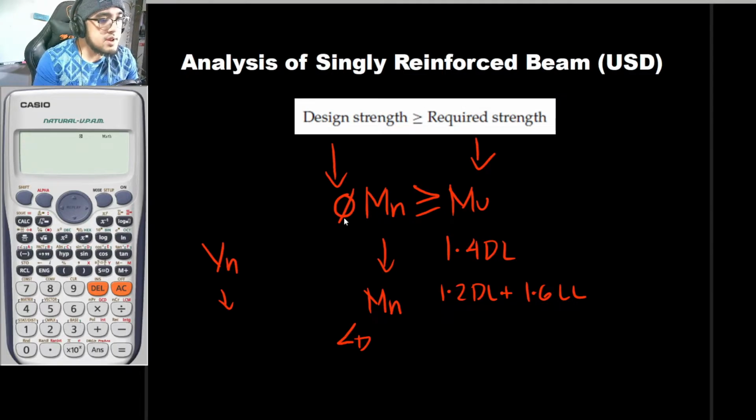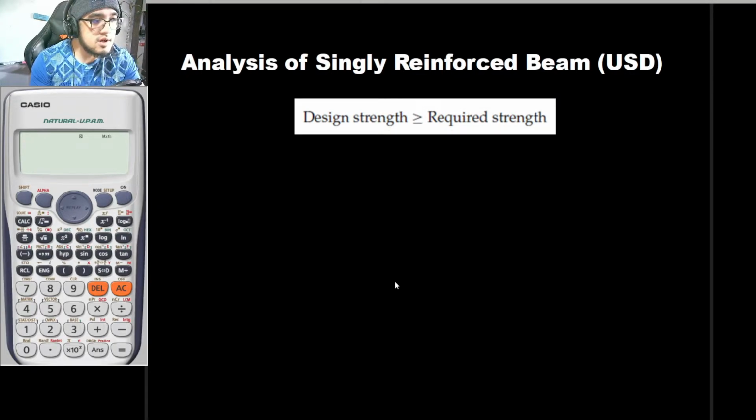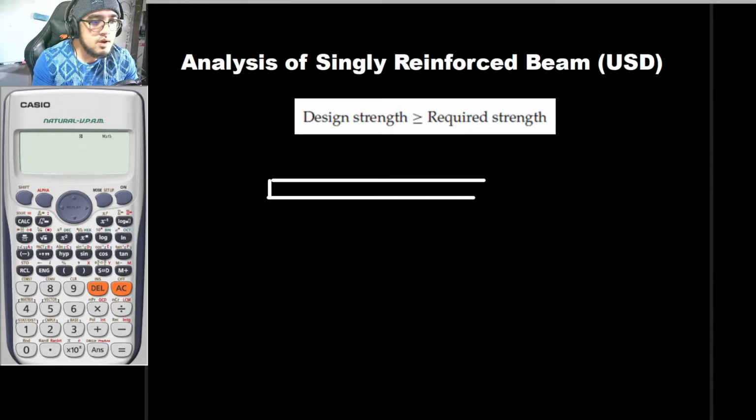So for example, guys, that we have a certain structural member, let's say a simply supported beam. I will just be drawing a beam here. Let's say that this is your beam, and once again, let us assume that this is a simply supported one. So we have a pin or a hinge here, and we also have a roller here.